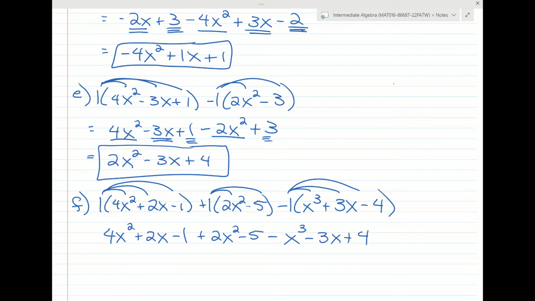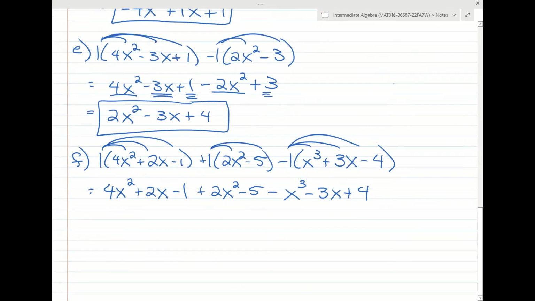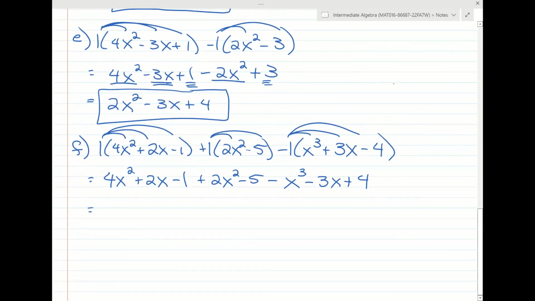So distributing all the numbers in front gives us this, and then we could just combine our like terms. So like we had suggested before, let's just keep it in the order where the highest powers come first, and then we cascade them down. So I'm going to put my x to the third first, and the sign of the x to the third is always to the left of it. So obviously this is negative x to the third.